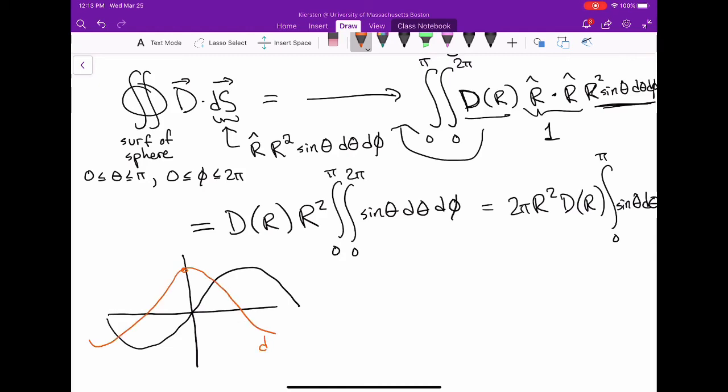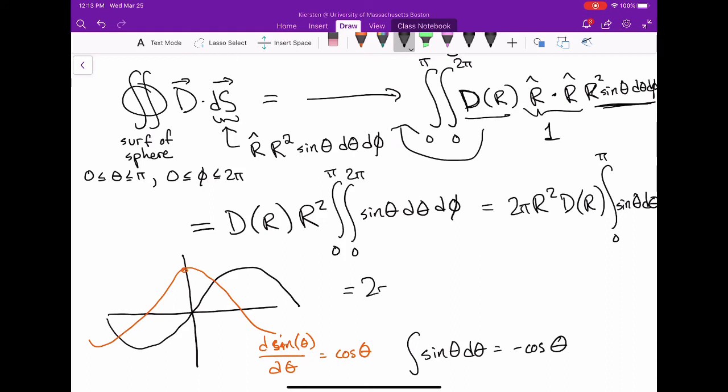So since I've eliminated positive cosine, that means that the antiderivative of sine theta d theta would have to be minus cosine. All right. With that in mind, I have to evaluate that little bit of the integral that's left over.